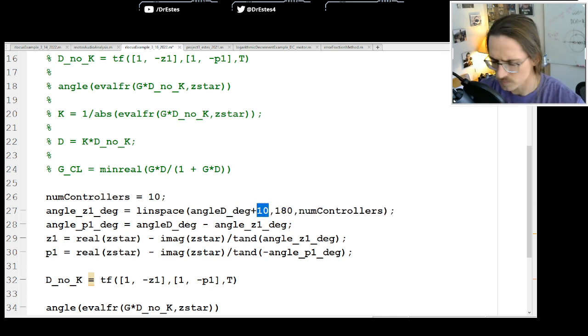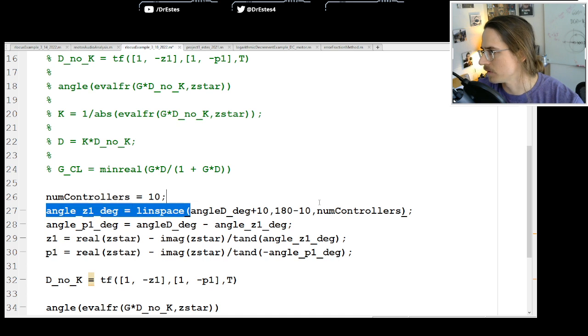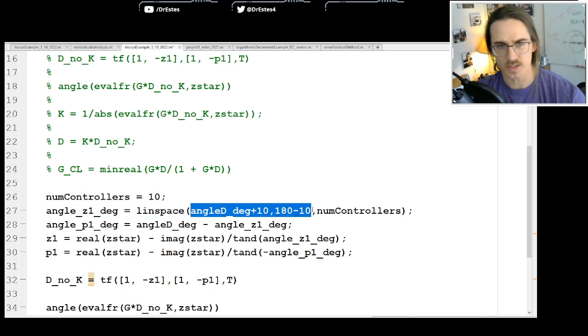So let's not go with the very smallest. Let's add like 10 degrees. And same thing at the top. Let's not go to the very max. Let's go to like the max minus 10 degrees or something. So we're not totally exploring the full space.